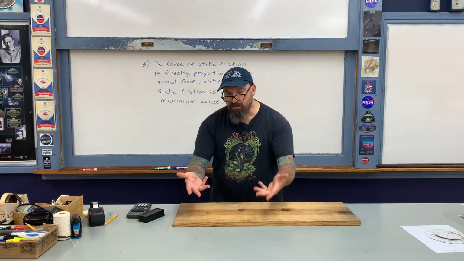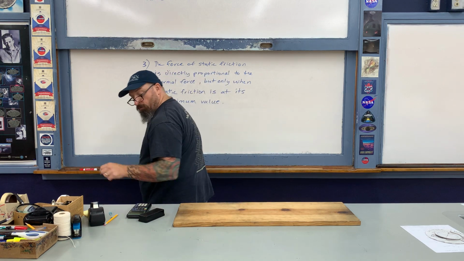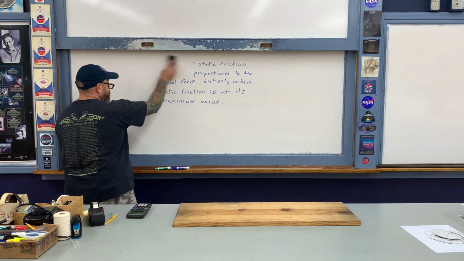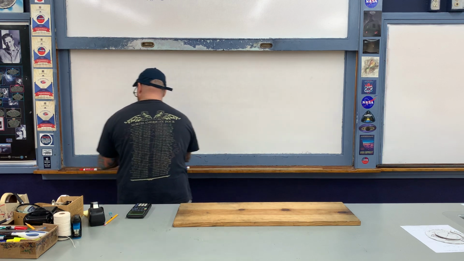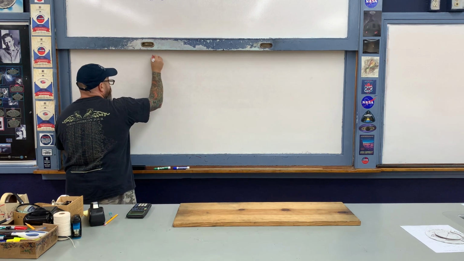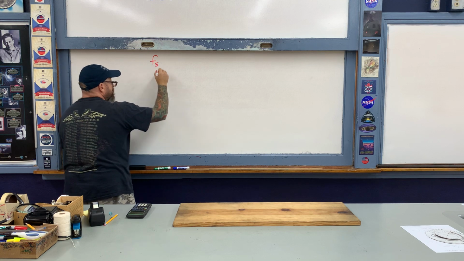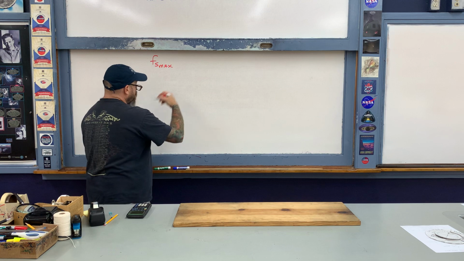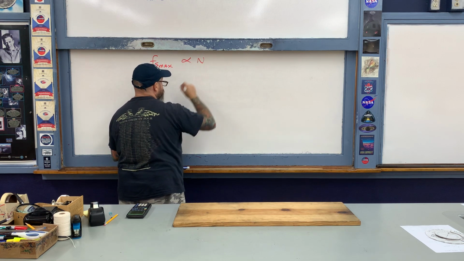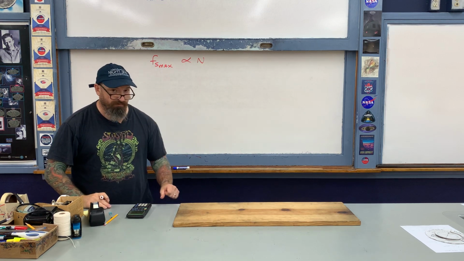Okay, now how do we write this mathematically? We do so in the following way. The force of static friction is always labeled as F sub s, and only when it's at its maximum value, we call this F s max. Only when the force of static friction is at its maximum value is it proportional to the normal force.